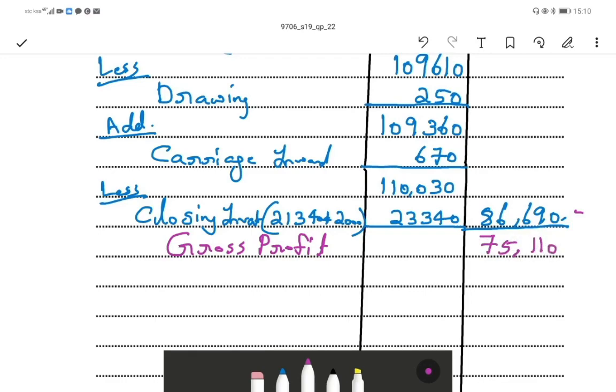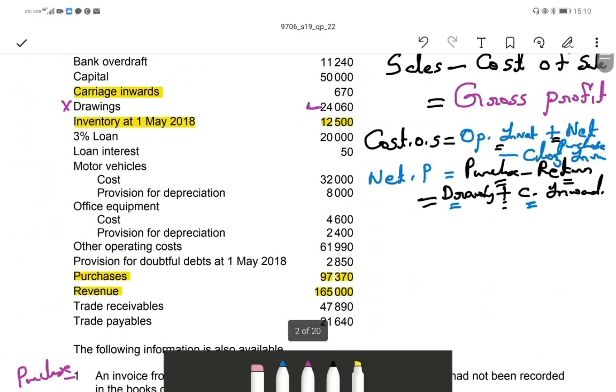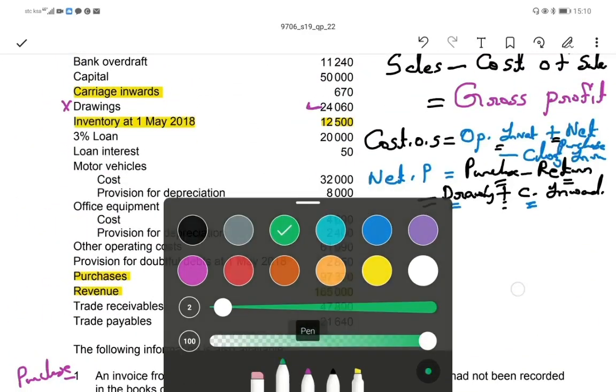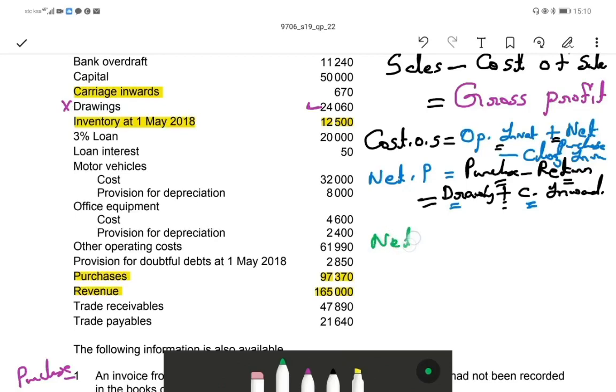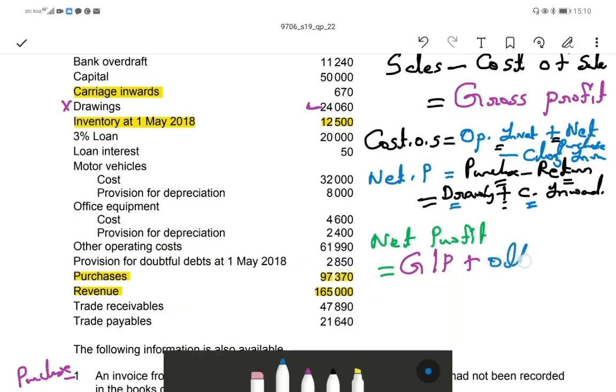Net profit, or profit for the year, is equal to gross profit plus other income, minus other expense.